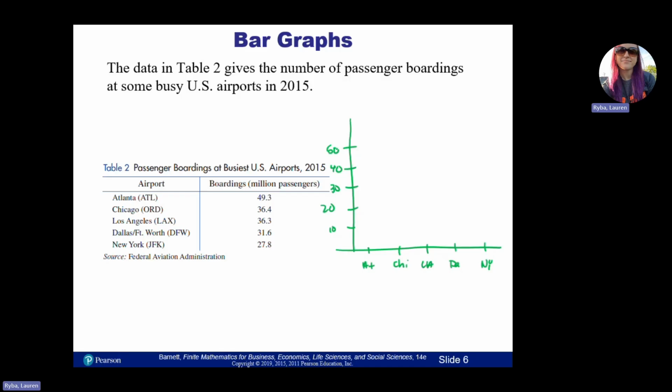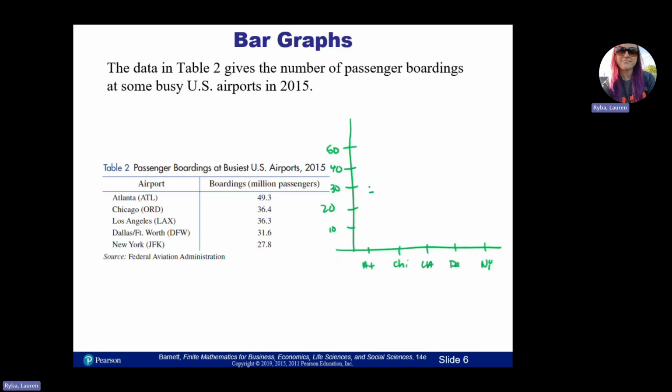To make an accurate bar graph, you should always start at 0, and then go at equal increments all the way up. That is why you have to make sure you look at your overall values, figure out what your highest one is, and then go a little bit above that so you can have a nice even scale here. And then you're just going to draw the bars as best as you can to where those values fall.